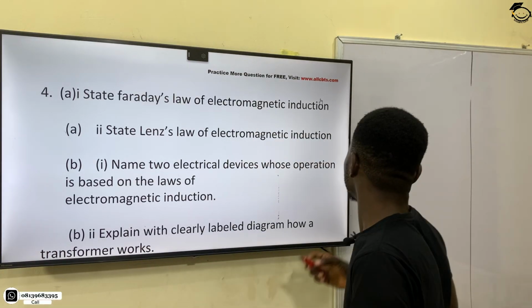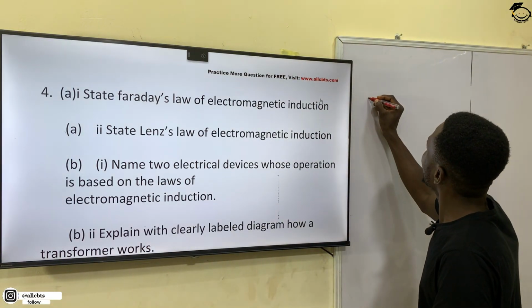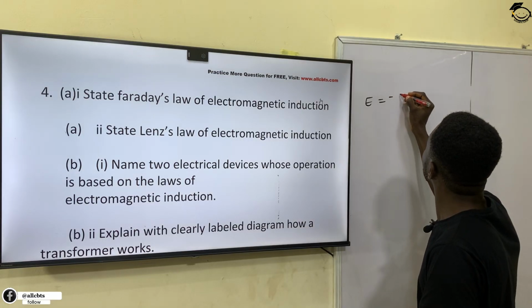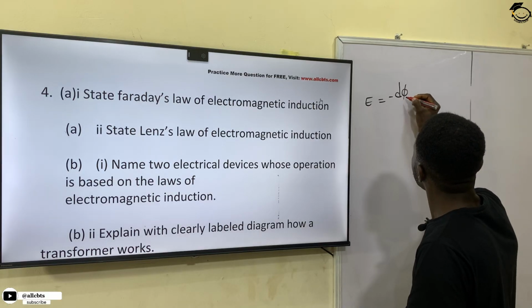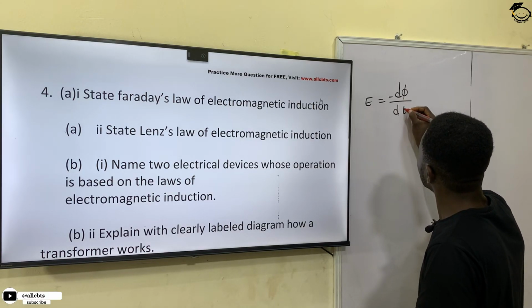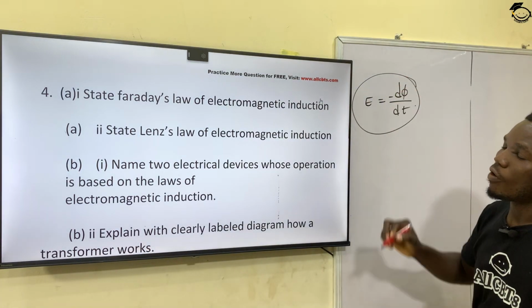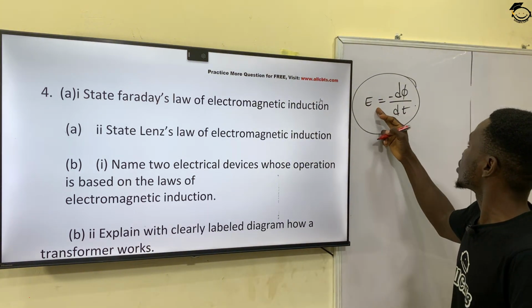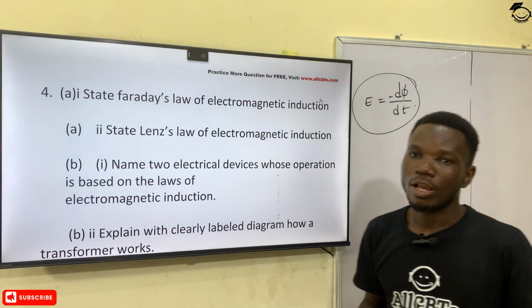What does this mean? It's simply saying that the induced EMF is equal to minus dΦ over dt. So this is what Faraday's law of electromagnetic induction is saying: the induced EMF is equal to the negative rate of change of the magnetic flux.